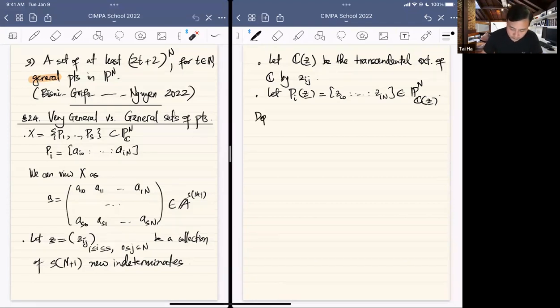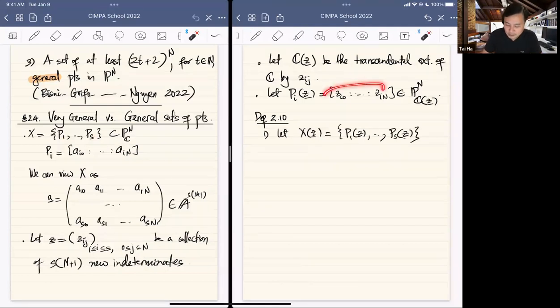So then I can form the collection of points. So let X(Z) just be the collection P1(Z) up to PS(Z). Now, what you can see is that it really doesn't matter what P1 up to PS I start with. When I add Z in, I get the same thing because it's all in terms of Zij, right?